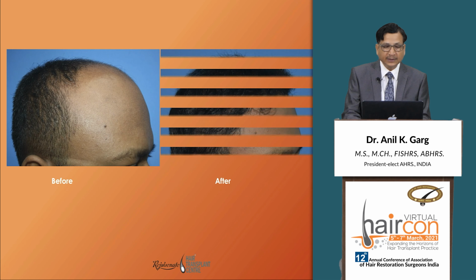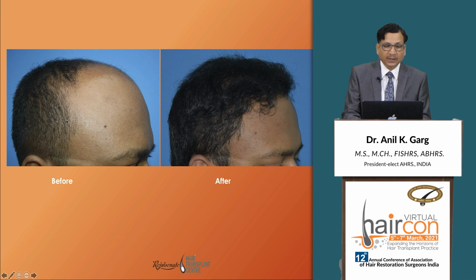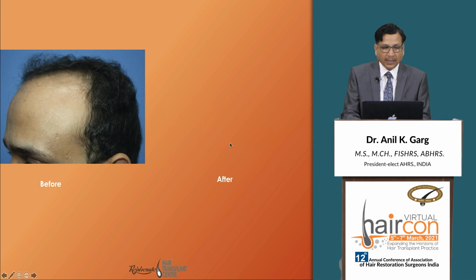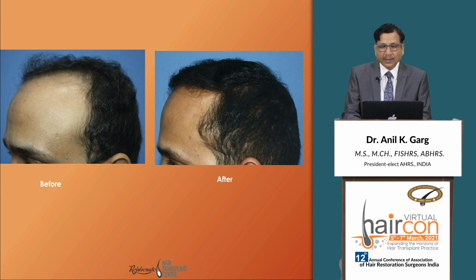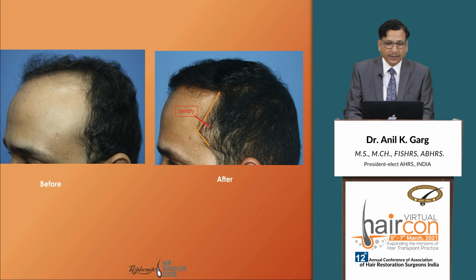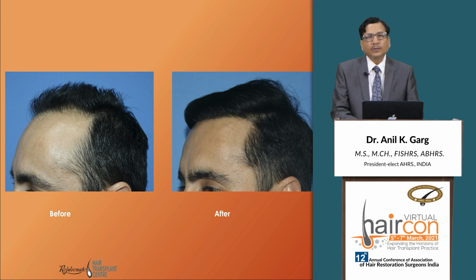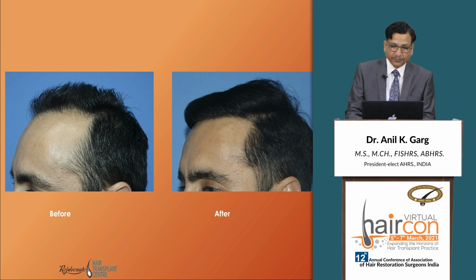This is another case, advanced receding of the temporal area. I created a conservative one without making it ideal, which I can do later on. Another is, again, I created the temporal fringe but in low density. Ideally, I should have put more graft. The third case is, I created it and gave reasonable density.